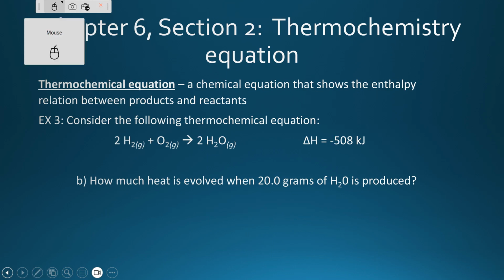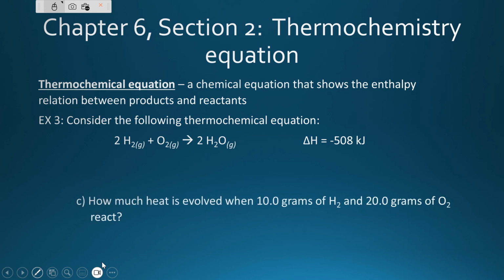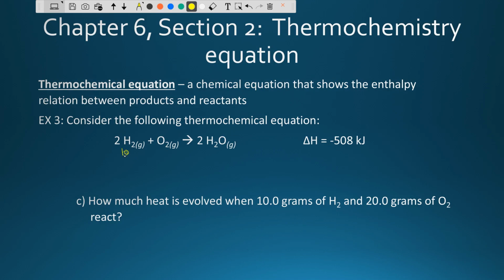Okay. Now let's take a look at another permutation of this. How much heat is evolved when we have 10 grams of hydrogen along with 20 grams of oxygen? Well, that just means that I'm going to have a limiting reagent problem, aren't I? I have 10 grams of this, and I have 20 grams of this. So I just have to solve for one of those.